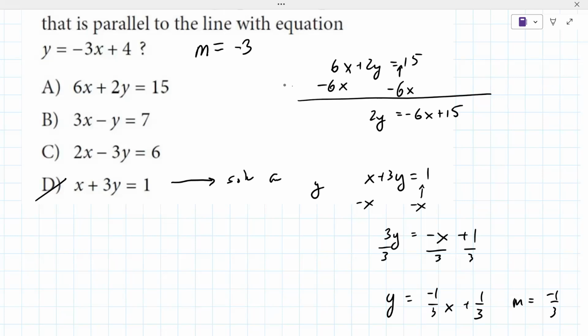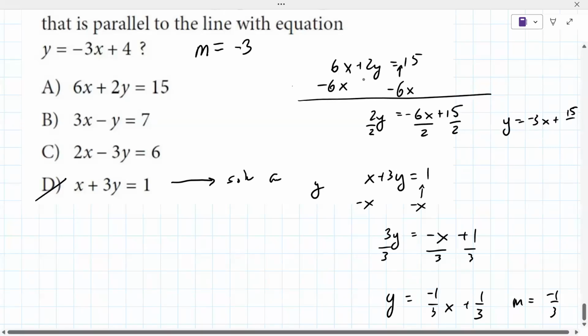It's okay if you don't. You can get caught up here. Because you said 15/2, which is correct. You do end up dividing by 2. But the slope is the number in front of x. This ends up being minus 3x plus 15/2. What is the slope of this equation here?